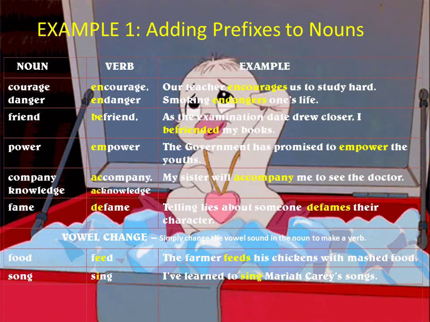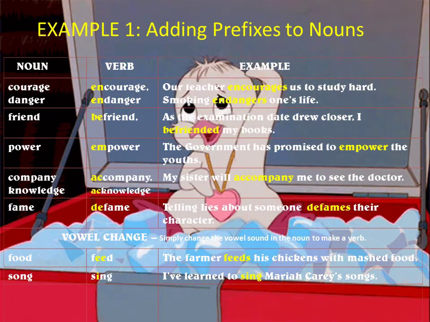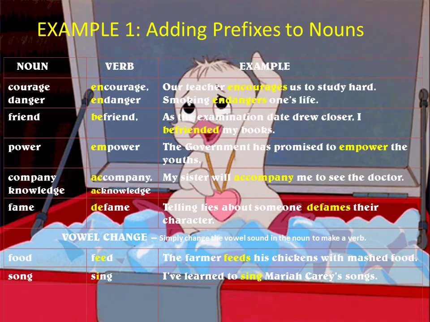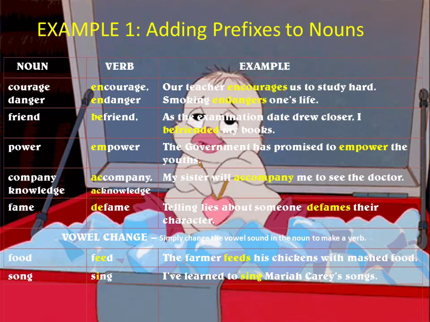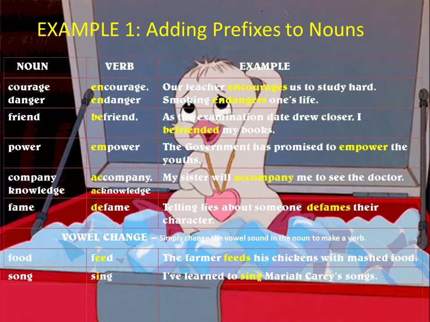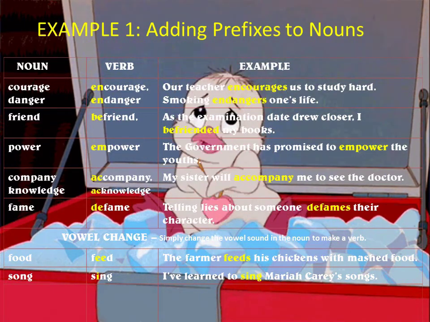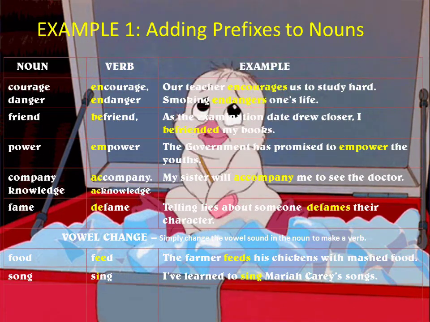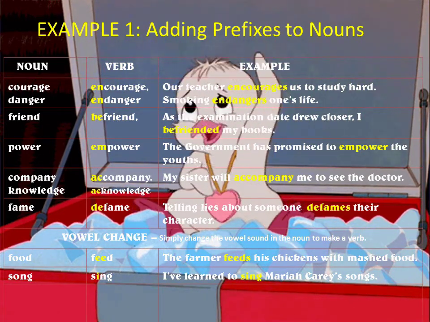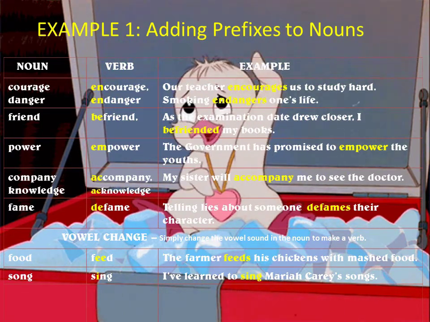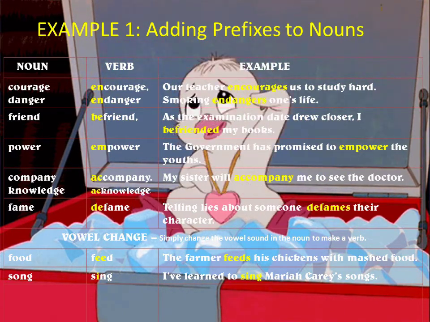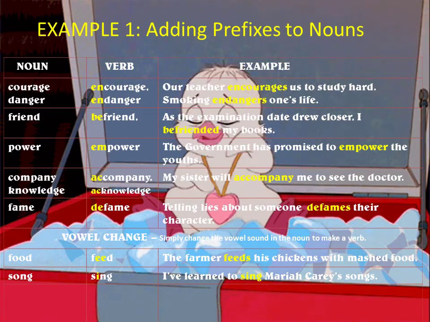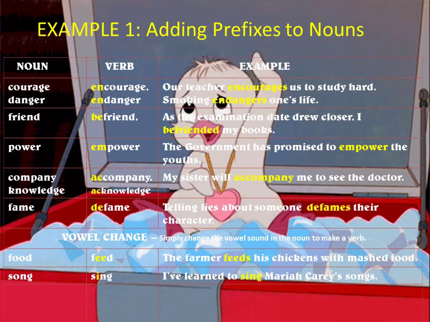Now there is another thing that could also help us to form verbs from nouns, and that is called vowel change. And what do we do in vowel change? We simply change the vowel sound in the noun to make a verb. Now, assuming I have a word food, remember the vowel sound in the word food is the double O sound there, which gives us oo.